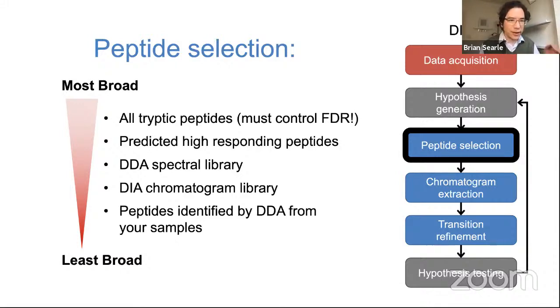You can look at stuff that you've already seen in DDA libraries. You can build DIA-specific libraries, which we'll talk about at the very end. Or you could just look at peptides that are identified by DDA in your specific samples, which is maybe the most limiting approach. So why can't we analyze all tryptic peptides in the proteome?